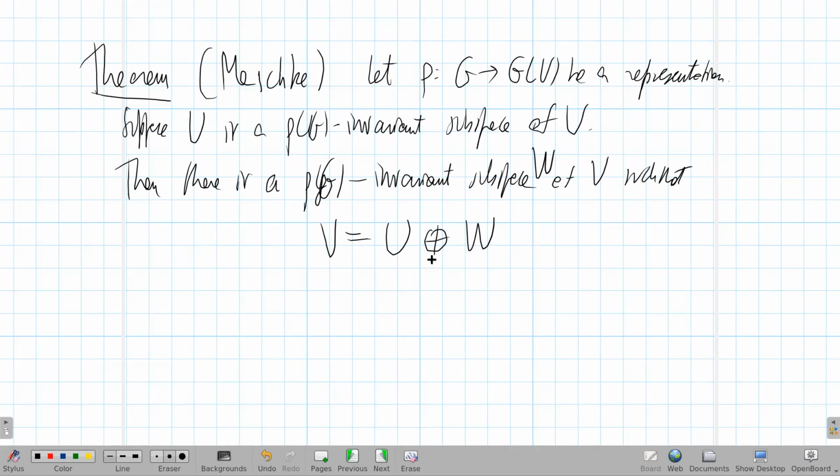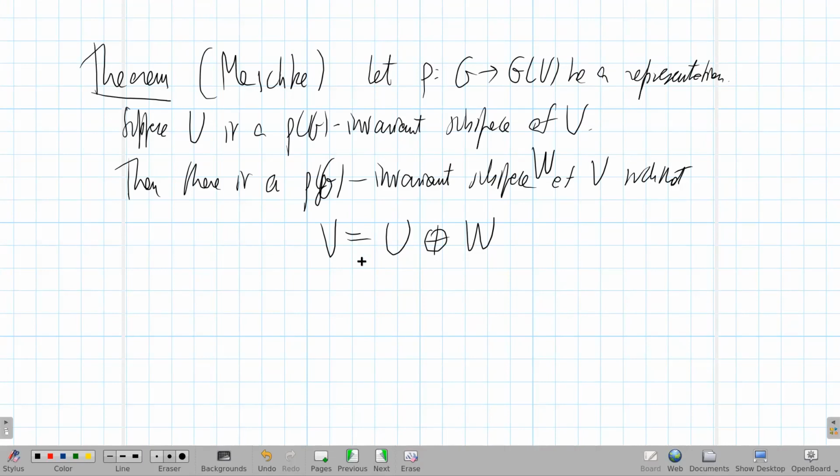For instance, when we consider the particular representation of the group of order 2, there were exactly two complementary subspaces, the one generated by V1 plus Vg and V1 minus Vg, complementary subspaces, direct sum, okay?